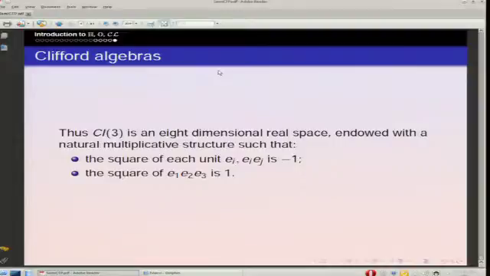Clifford algebras are commonly applied in the study of physics for several reasons. I cannot, of course, explain that now, but they provide good tools to physicists.